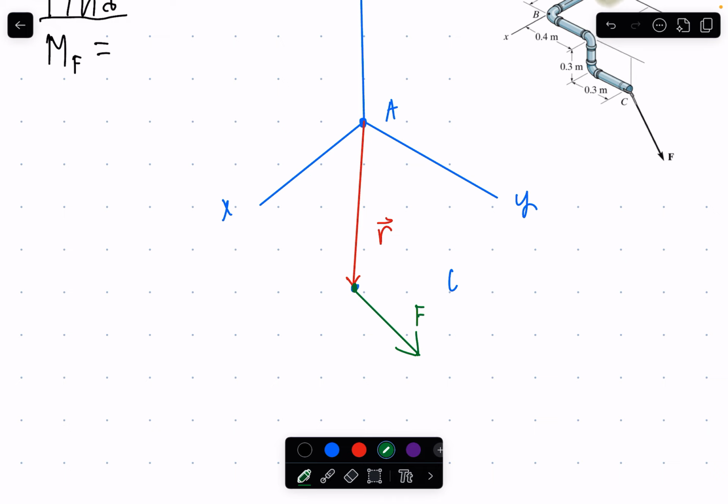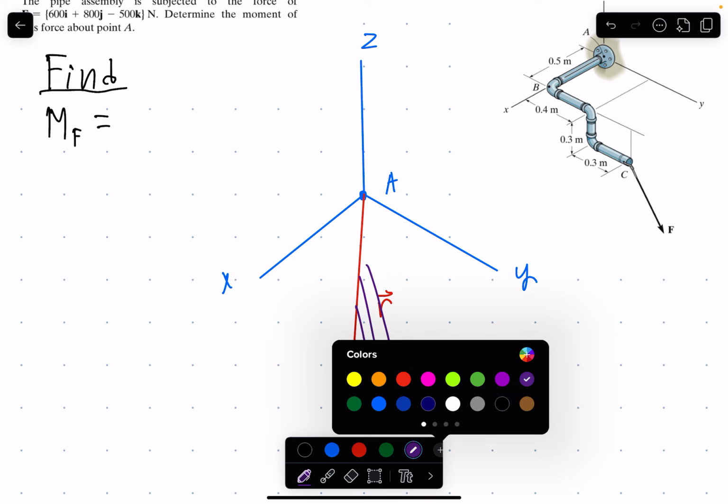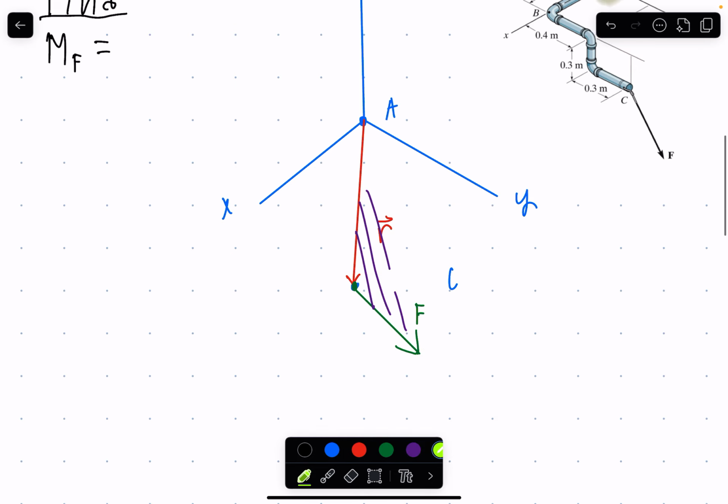If we take the cross product of these two, it's kind of hard to tell in this 3D plane, but if we imagine a plane between these two vectors, the cross product will be a third vector.